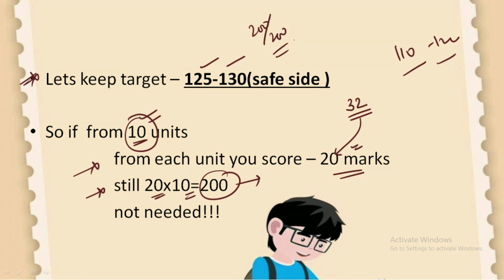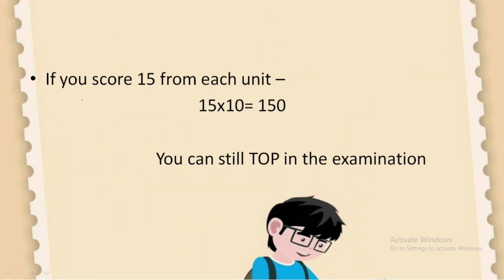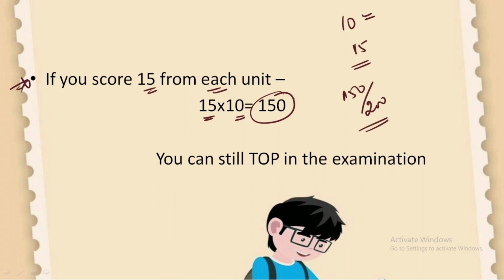So let's try to reduce the marks that you score a bit more. Now let's consider that you score 15 marks from every unit. You have targeted 10 units and you score only 15 marks from every unit. So 15 into 10, you get 150 marks, and if you score 150 out of 200 in the CSIR UGC NET examination, you can top the CSIR.